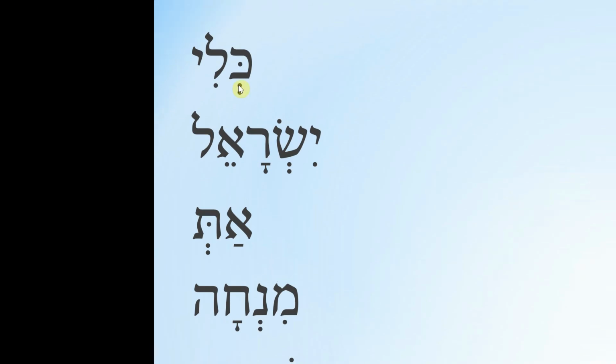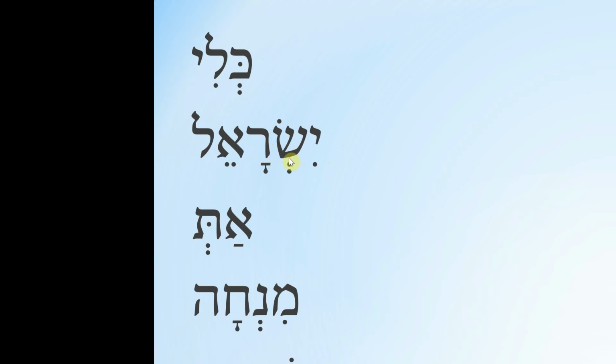What about the first word? Kali, kali, vocal or silent? The answer is vocal, right? And you can hear that in my pronunciation as well. Kali, kali. Next word, Yisrael.